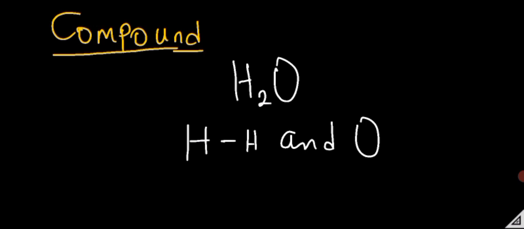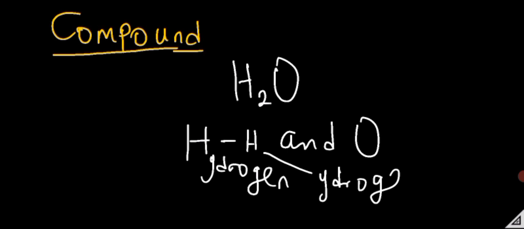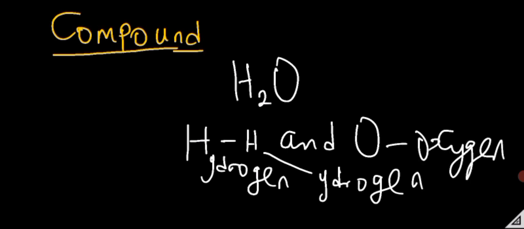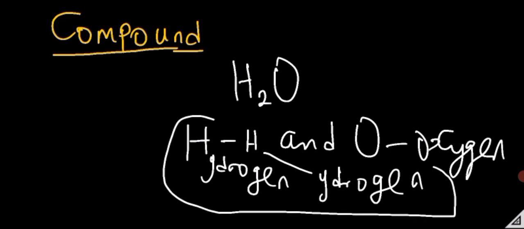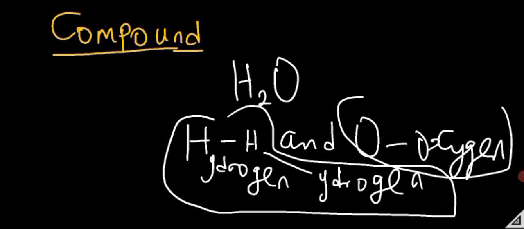So we have hydrogen, then oxygen. From this we can see that two elements came together, which are hydrogen and oxygen. In this case it is a compound. Now what of table salt? NaCl.